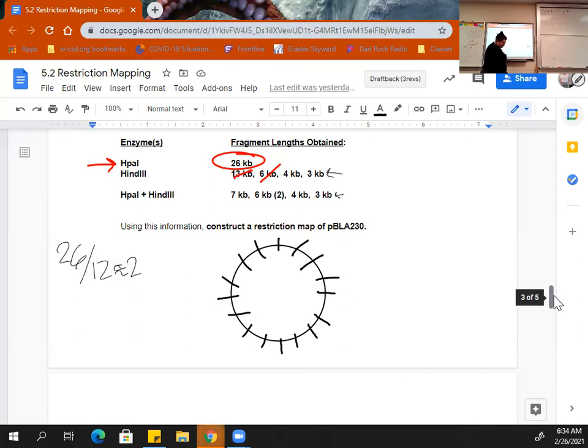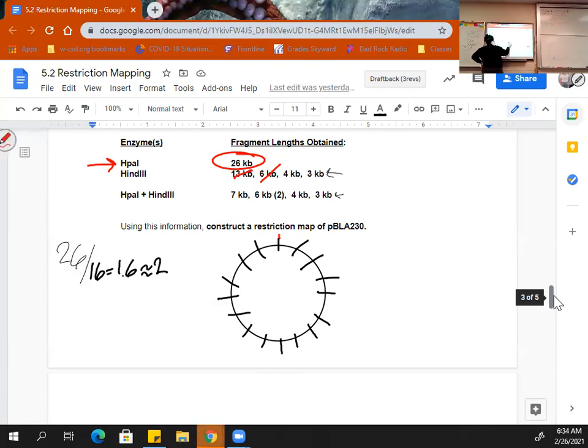So 26 divided by 16 is about 1.6. So 26 divided by 16, 1.6. Let's see if we can round that up to 2 again.